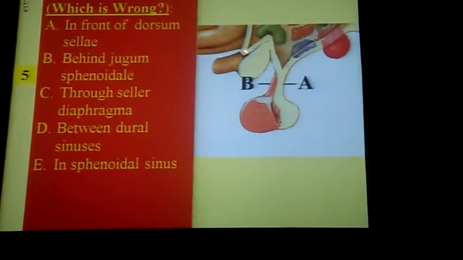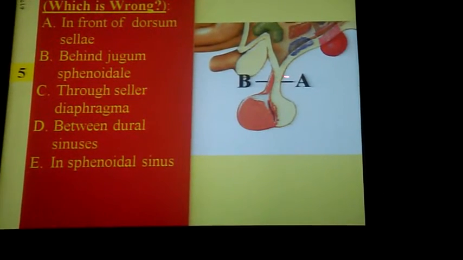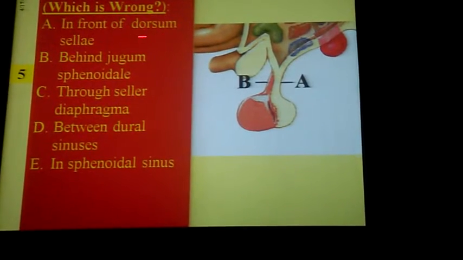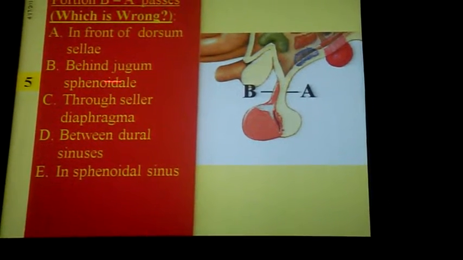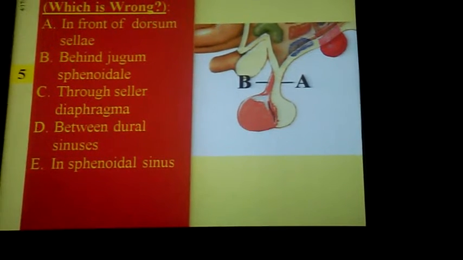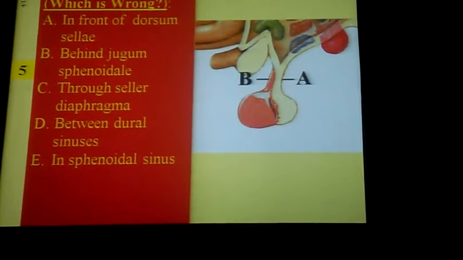The infundibulum of the pituitary gland is in front of the dorsum sellae, it is right. Behind the jugum, it is right. It passes through the diaphragma sellae, quite right, between dural sinuses, the intercavernous sinuses, which pass from one cavernous sinus to the other and surround the infundibulum.